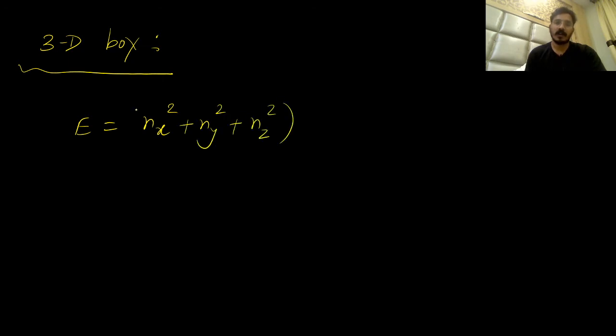the solution for energy is E equal to (nx² + ny² + nz²) h² over 8mL². So for the given system, L is constant, m is constant.